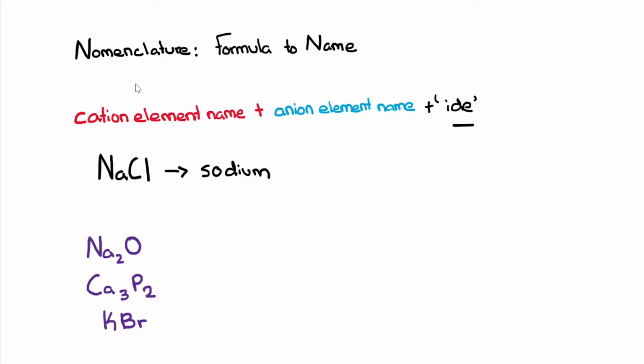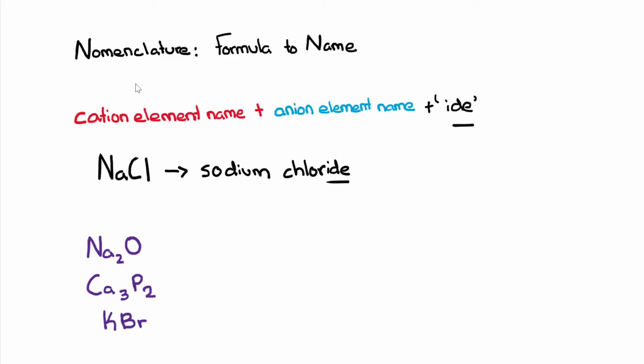Then the anion element name, which is the non-metal, is chlorine. So we write chlor, and now it's typically chlorine, but since it's an ionic compound, we have to add the IDE ending. So chloride. And that's it. That is how you name an ionic compound from the formula.